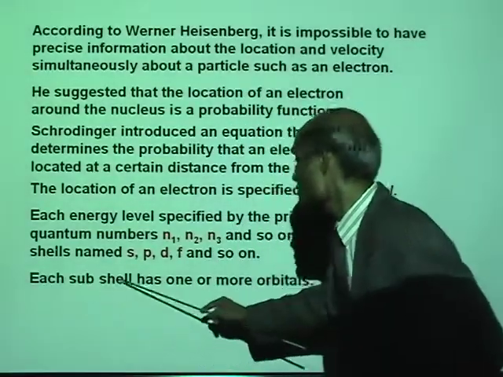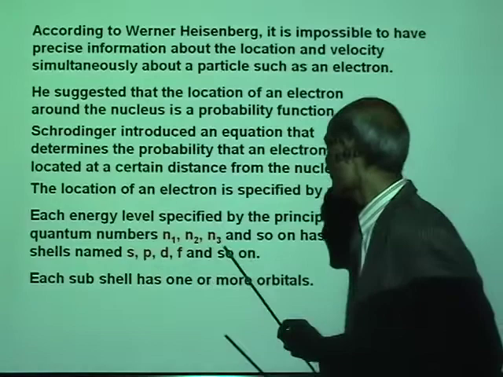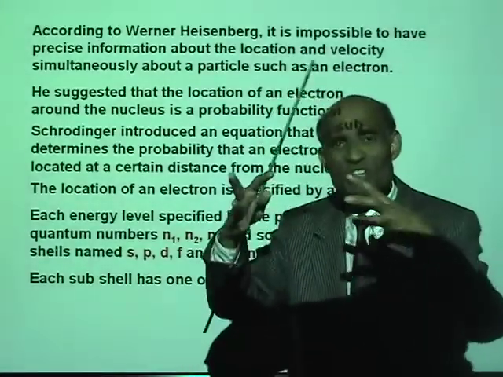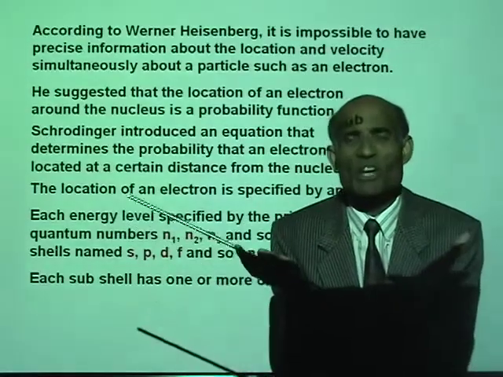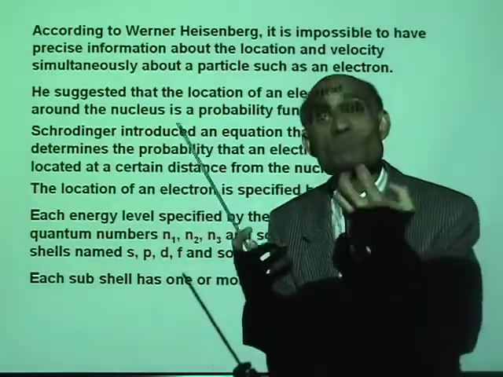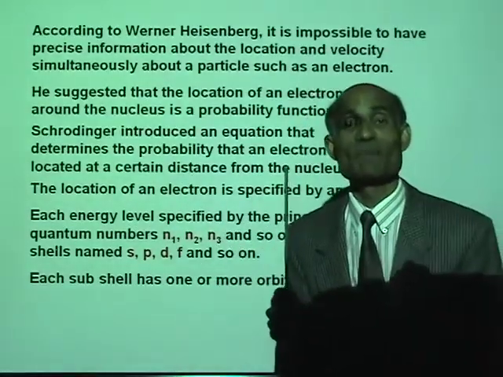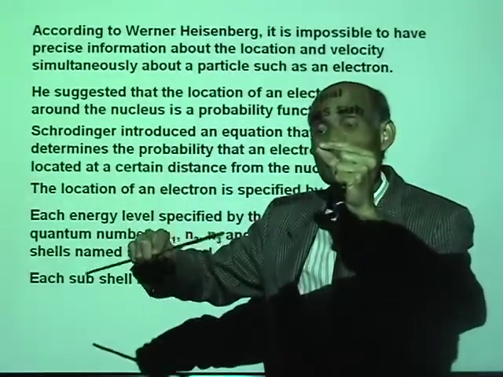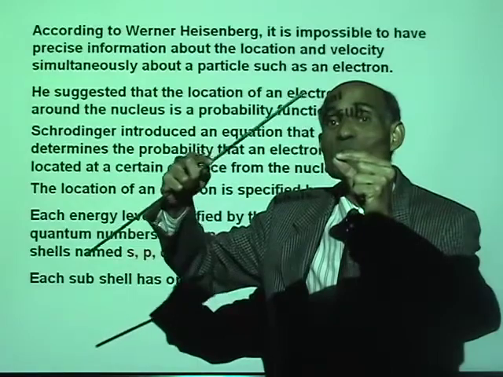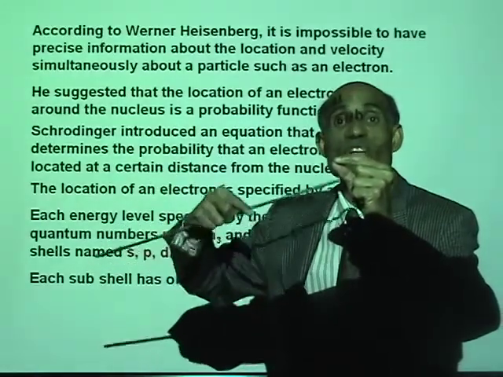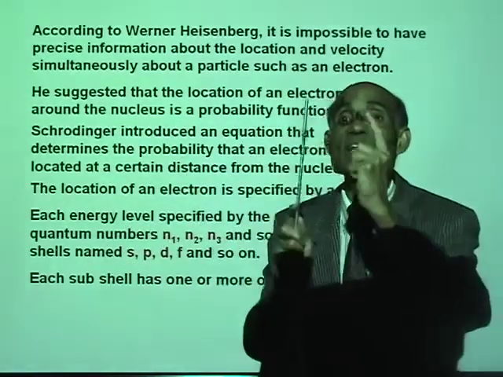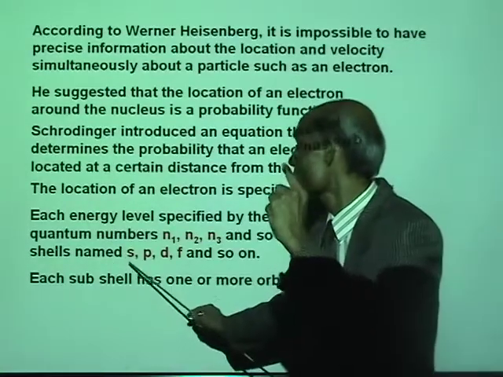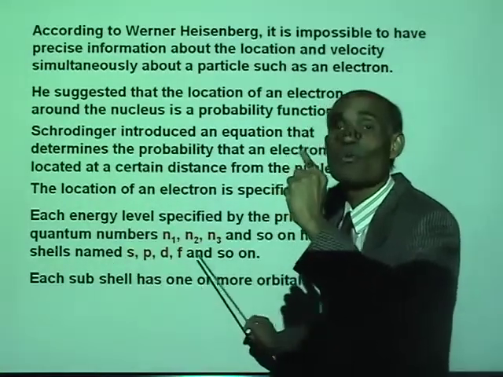Now, each subshell has one or more orbitals. Now, look at the intricacy, the complication the quantum model is going to bring in. According to the quantum model, the orbit that is specified by Bohr at n equal to 1 is not a single orbit. It can contain subshells. We name them as S, P, D, F, and so on.